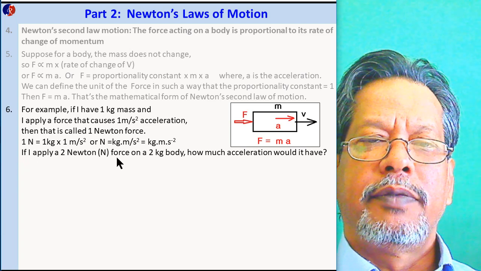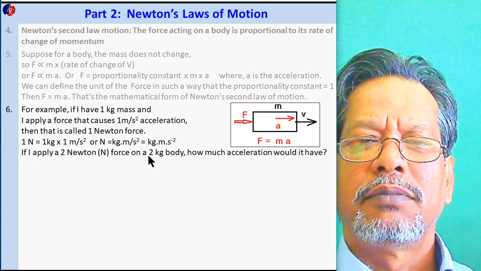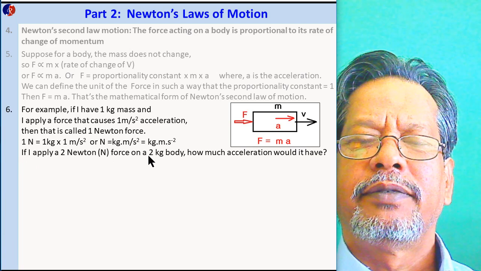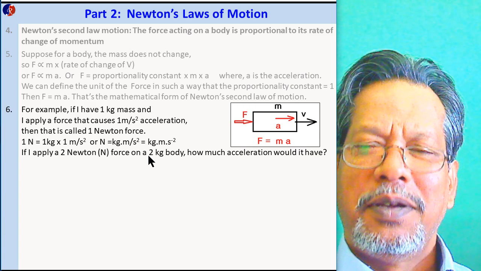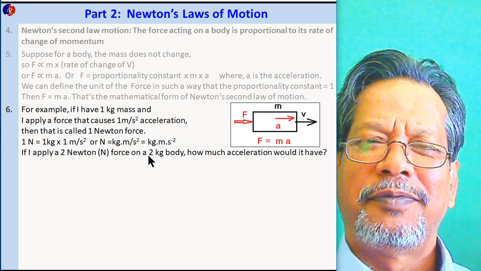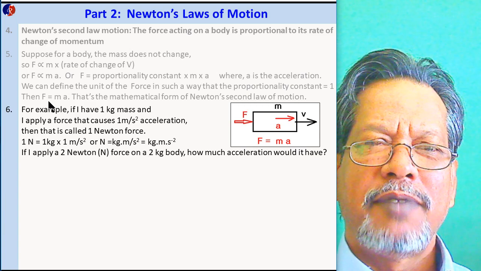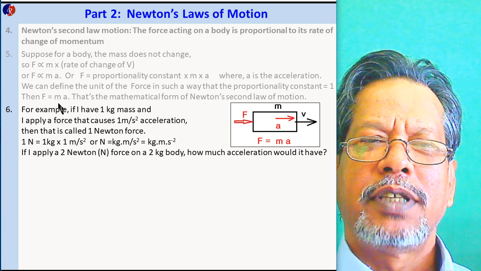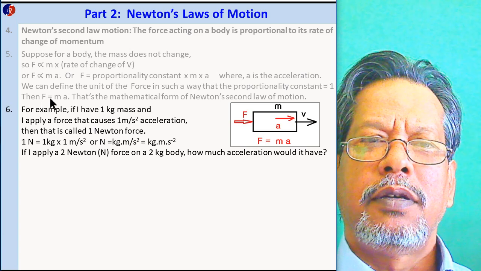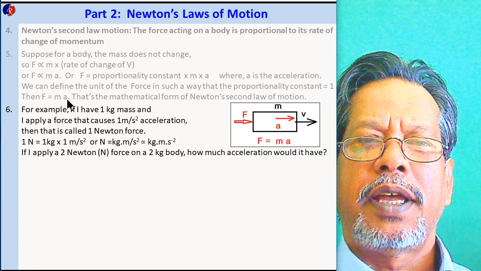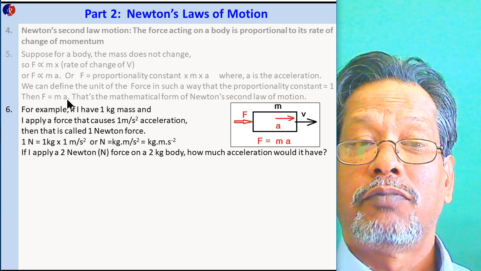If I apply a 2 Newton force on a 2 kilogram body, how much acceleration will it have? You do it, you ask your students to find that too. Plug it back in the same formula, force equals ma. 2 cancels, a is definitely 1, right?